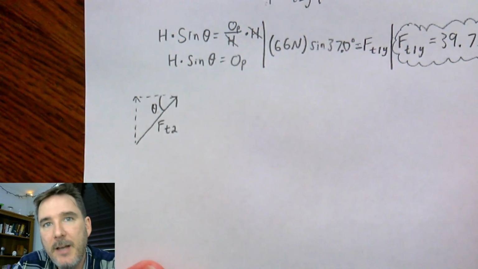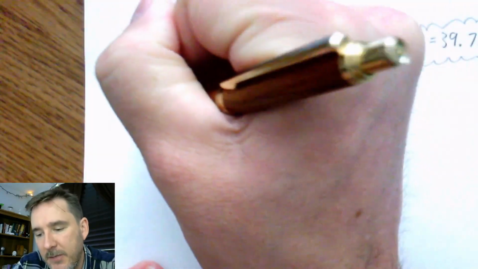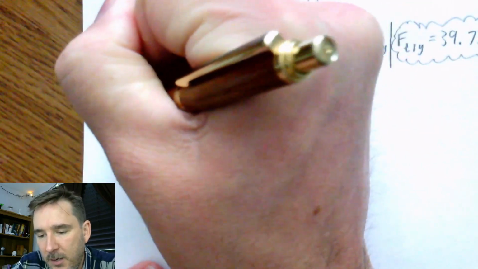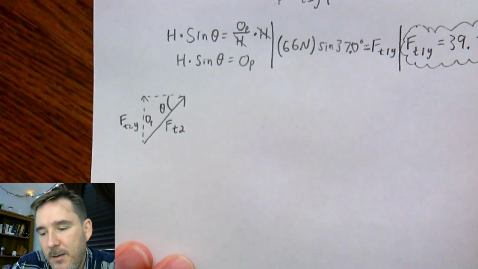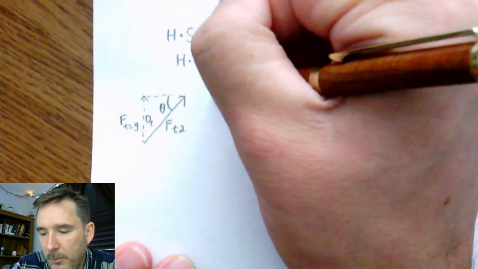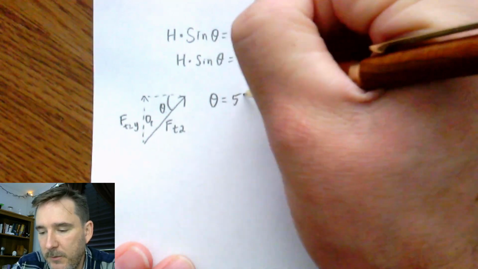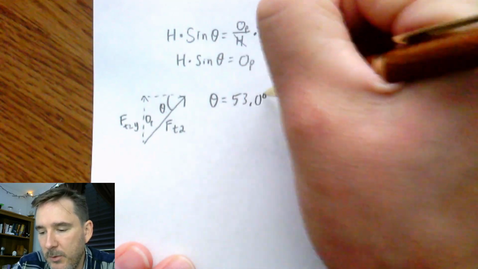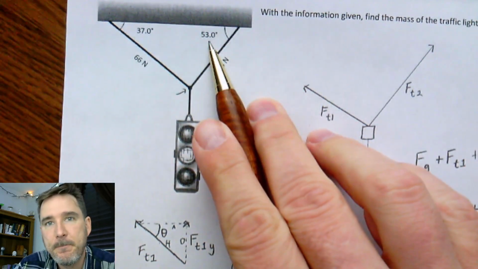So once again, I don't need to worry about my x component. I don't need to worry about the adjacent side, but I definitely want to find that opposite side, which is going to be called the force of tension for the second wire in the y direction. And I think I'm ready to solve it. So I'm going to list my knowns, my givens, which is 53.0 degrees for my theta. And again, where did I get that? Well, it's from the diagram right here.